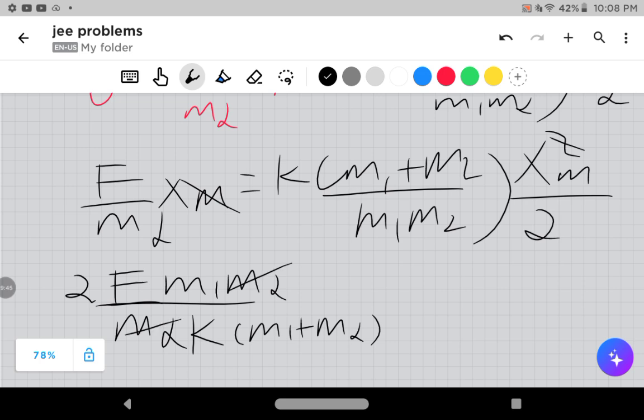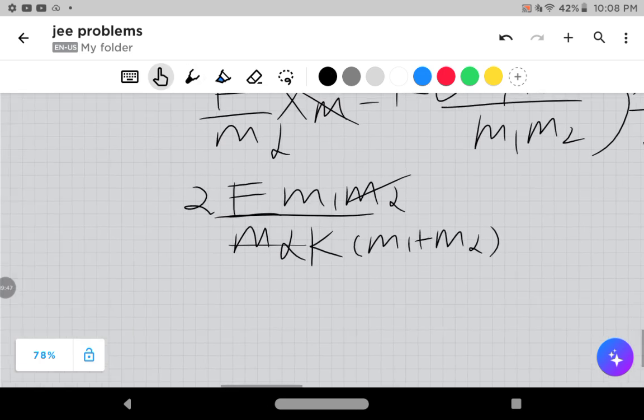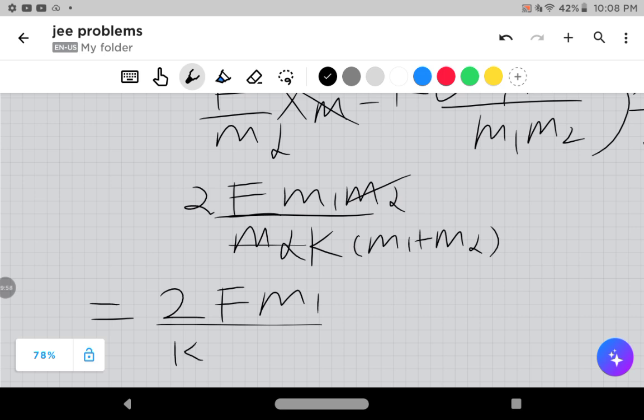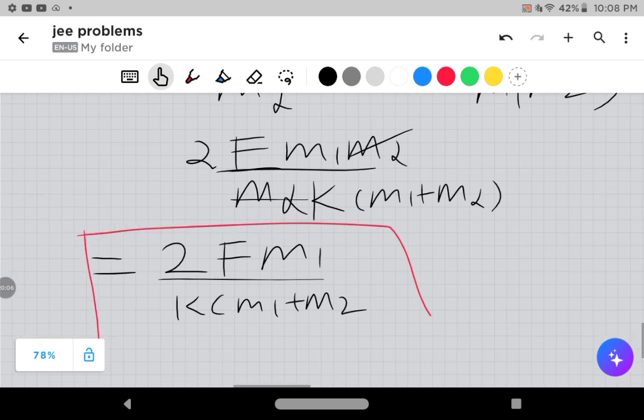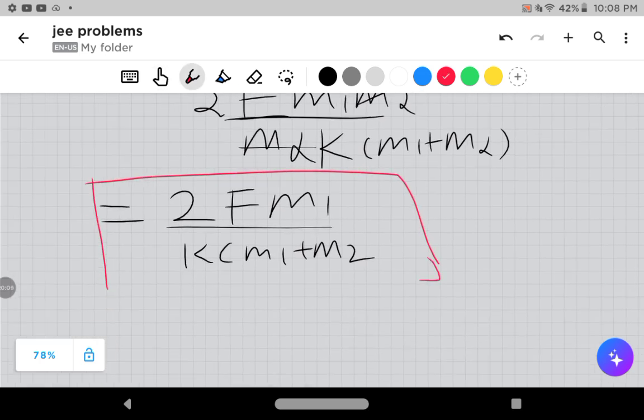Let's cancel this m2 here, and what we get is equal to 2f m1 divided by k times m1 plus m2, and at last we have arrived at our so-called solution.